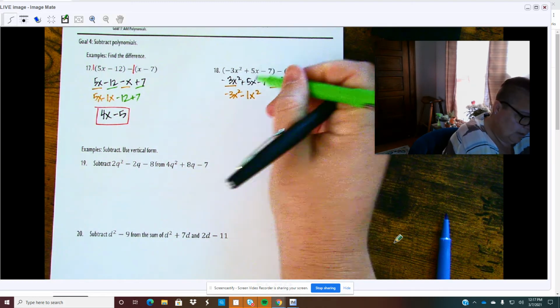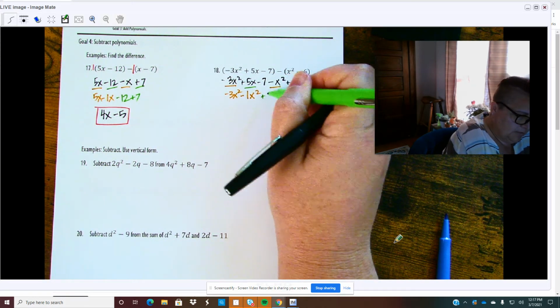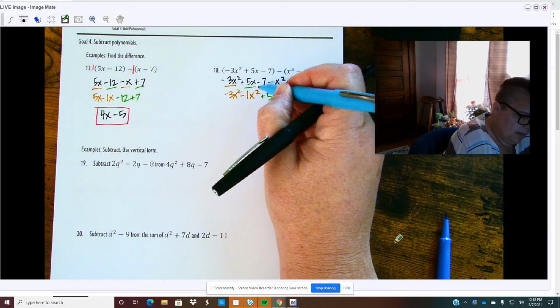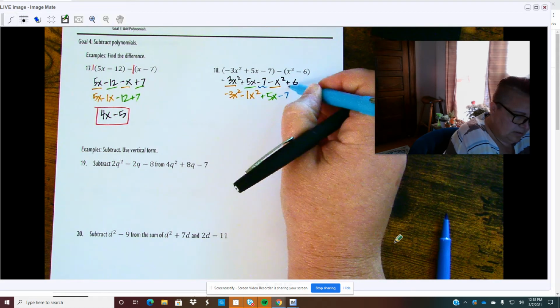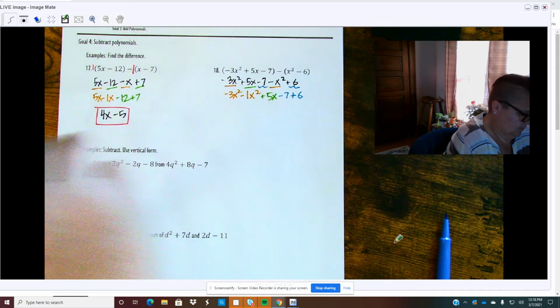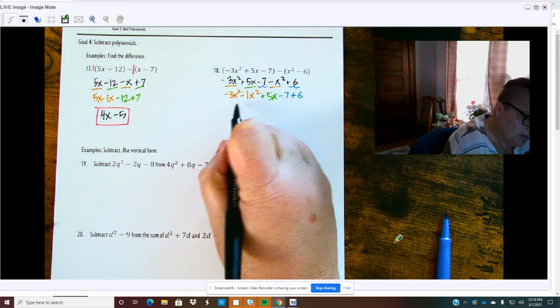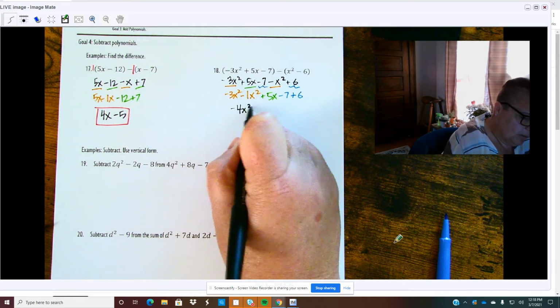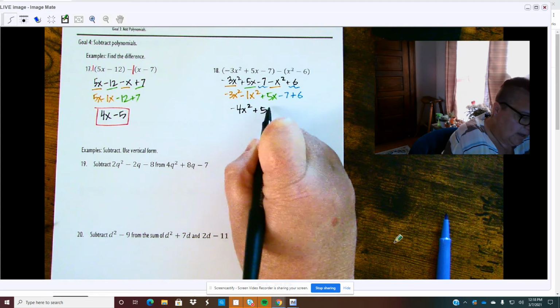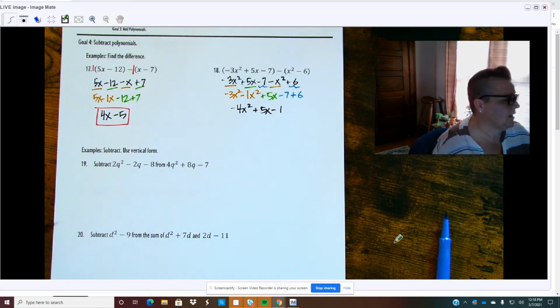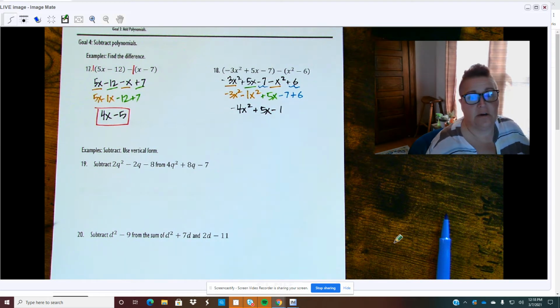I've got a plus 5x. Then I've got a minus 7 and a plus 6. This is going to give me a minus 4x squared plus 5x minus 1. I cannot combine my x squareds with my x's, so this is it. I can't do anything more with this guy, and I am done.